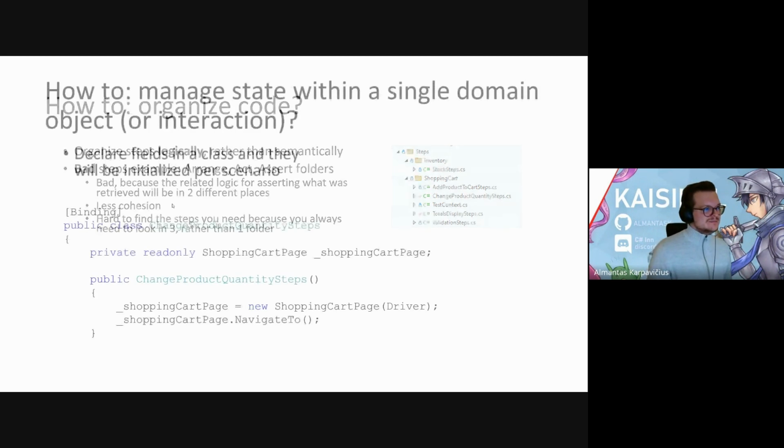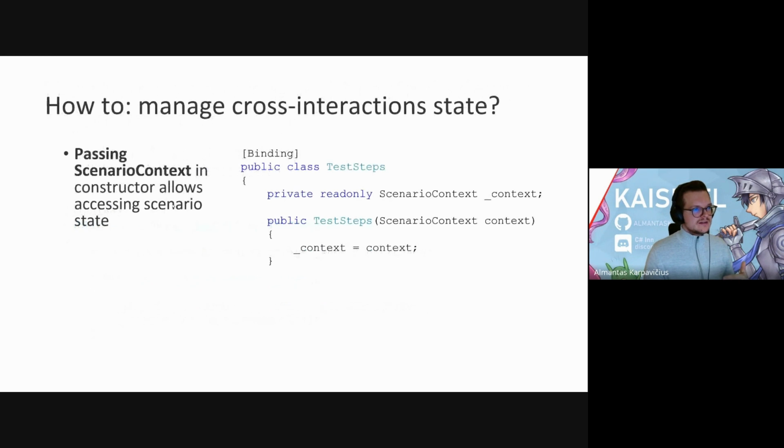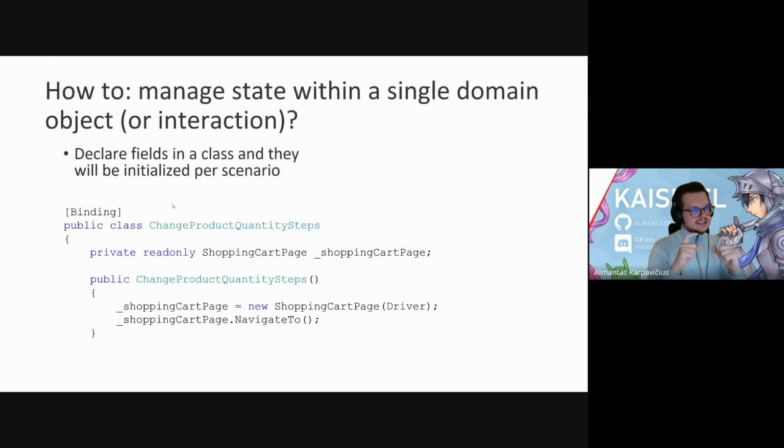For example, if I have change product quantity steps, if I want to do something with changing product quantity, then everything like the assertions for product quantity, how I change product quantity, and what state it should have initially, all those things should be in the same place, because it's all about the same thing.